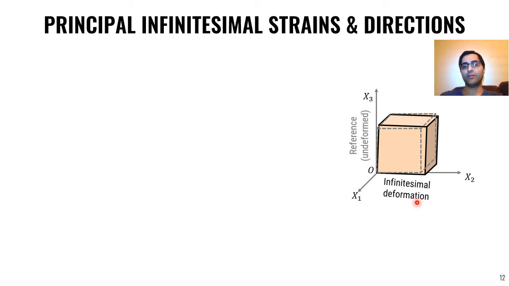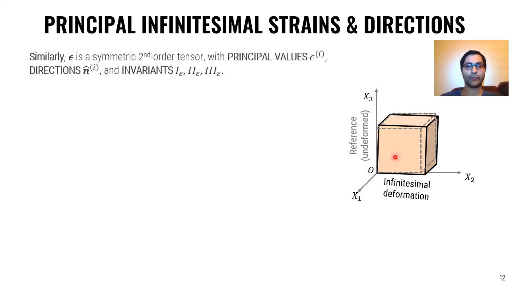And with infinitesimal deformation, we have a not noticeable deformation in the deformed state. As said, similarly for epsilon, which is a symmetric second order tensor, we can have principal values epsilon and principal directions n. And also we can have first, second, and third invariants.